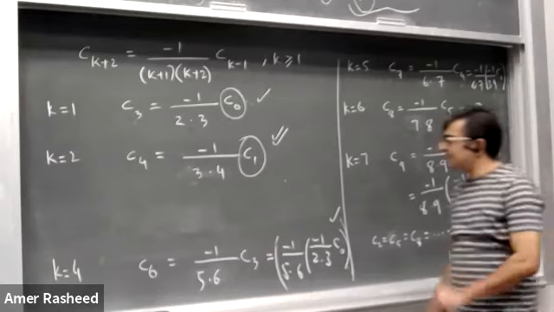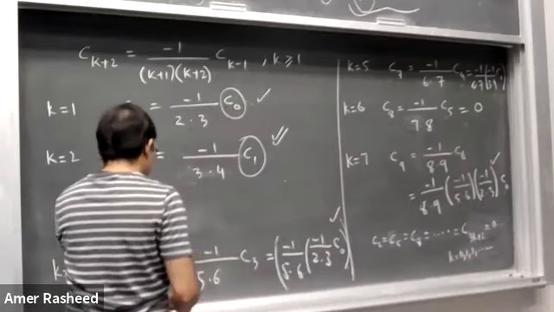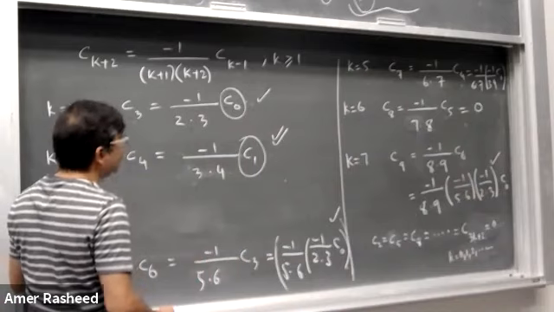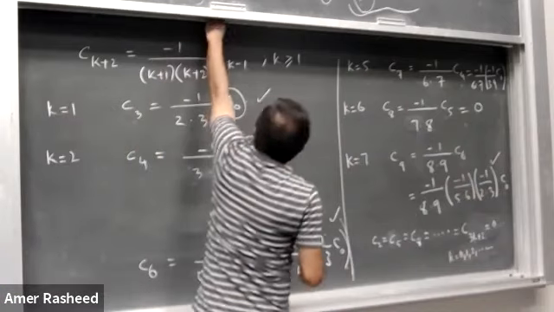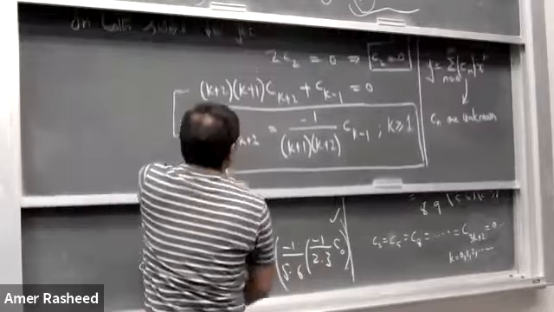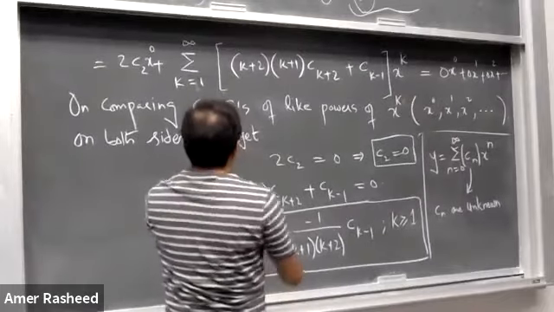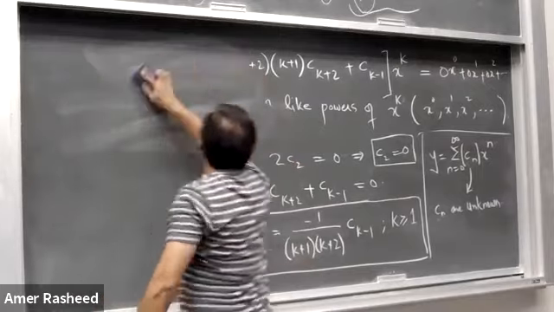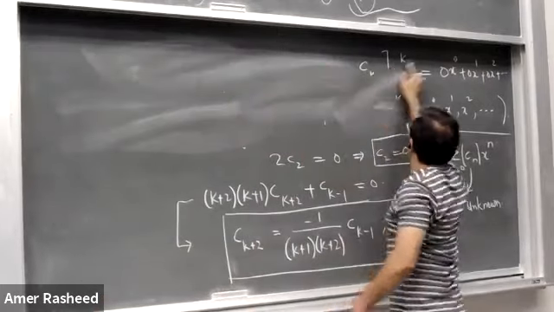So what will C12 be? If I remove this thing, maybe C, let us write it here. This recursion relation, I hope you get it, how to write it.